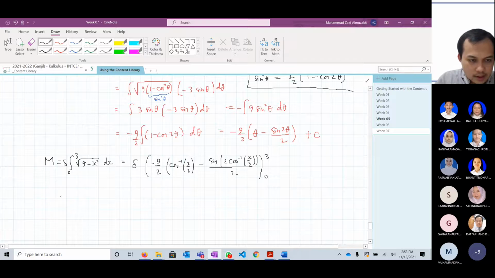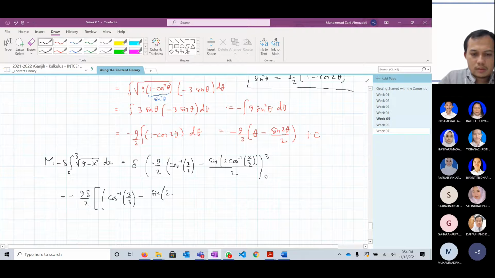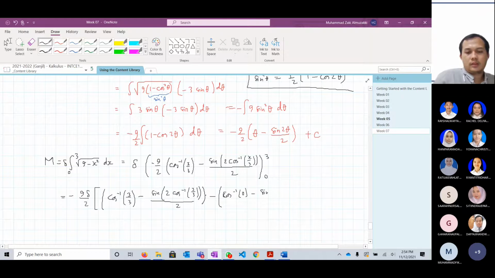So basically this is minus 9 delta over 2 times, this is the hard part, cosine inverse of 3 over 3 minus sine of 2 cosine inverse of 3 over 3 divided by 2, minus cosine inverse 0 minus sine of 2 cosine inverse 0 divided by 2.